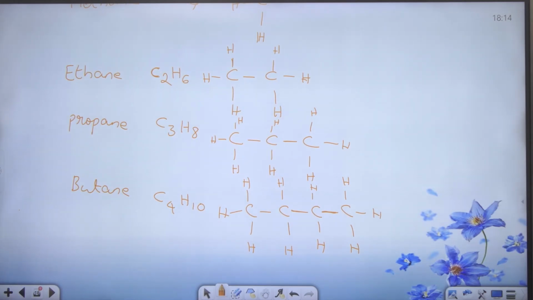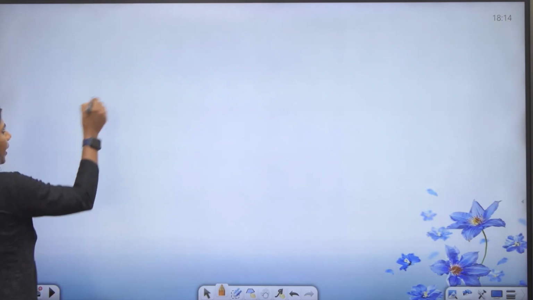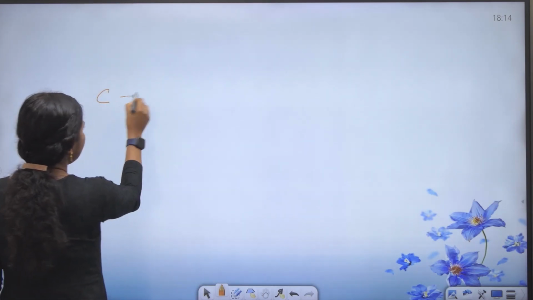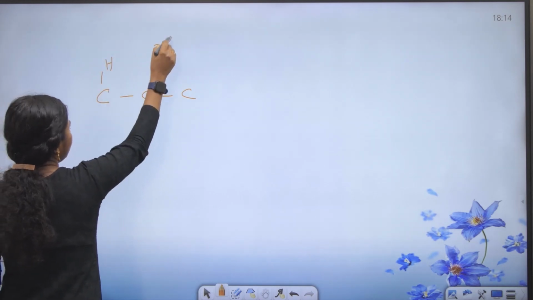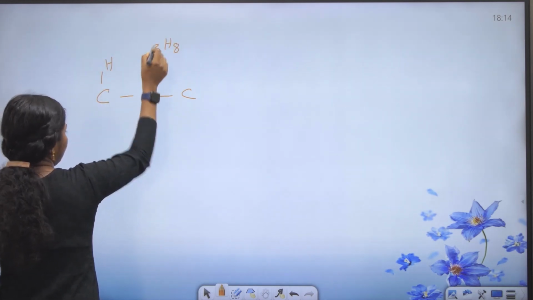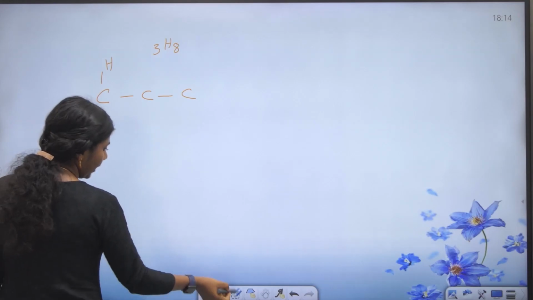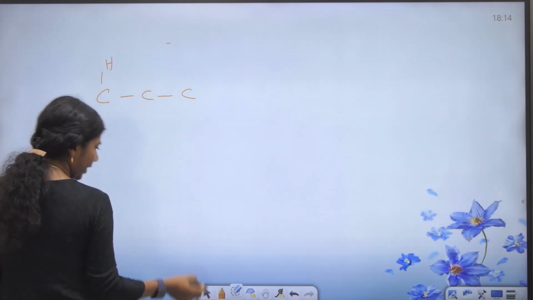Next one, branched molecule. Suppose butane. Butane is C4H10.